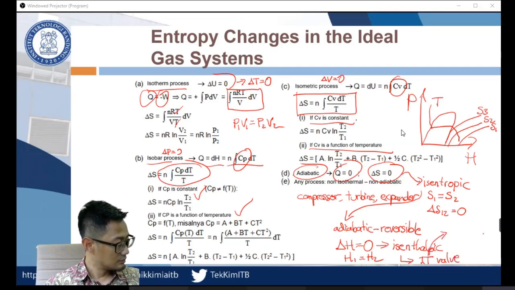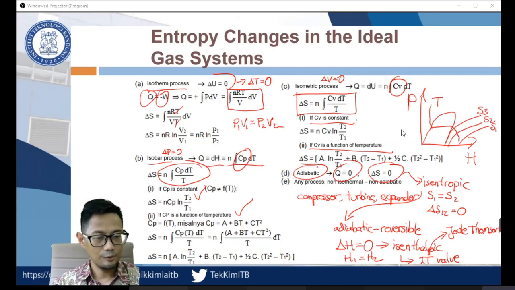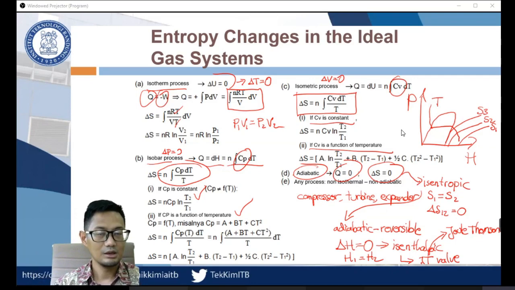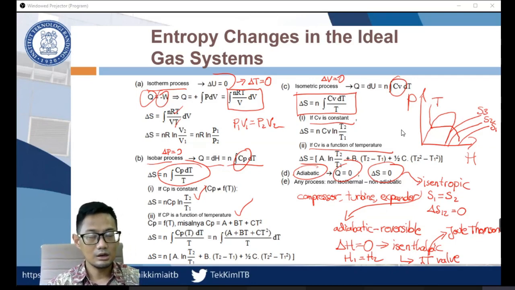JT stands for Joule-Thomson. Okay, we will learn about this in detail later when we discuss heat pump.